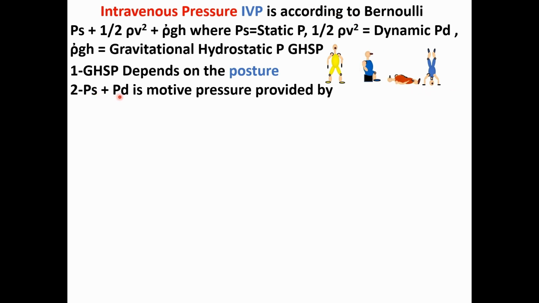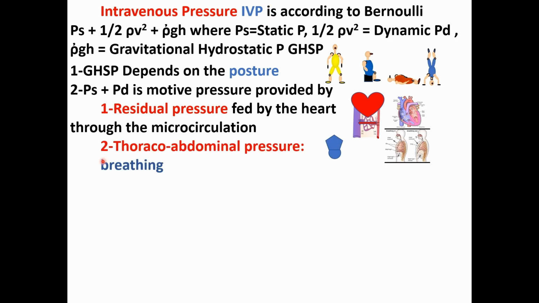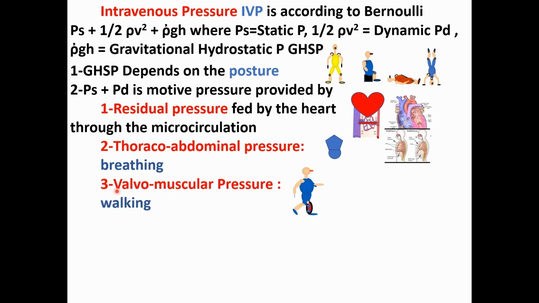Static pressure plus dynamic pressure is the motive pressure provided by residual pressure fed by the heart through the microcirculation, thoracoabdominal pressure provided by breathing movements, and valvomuscular pressure provided by the valvomuscular pump when walking.